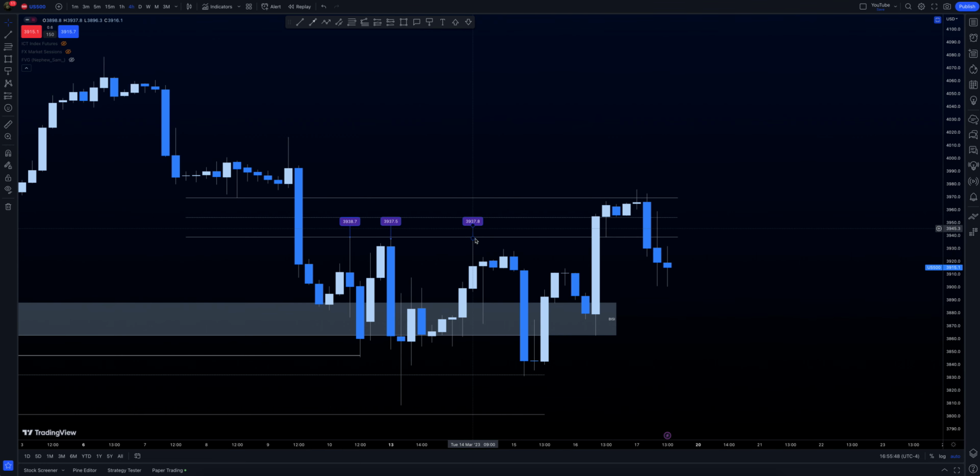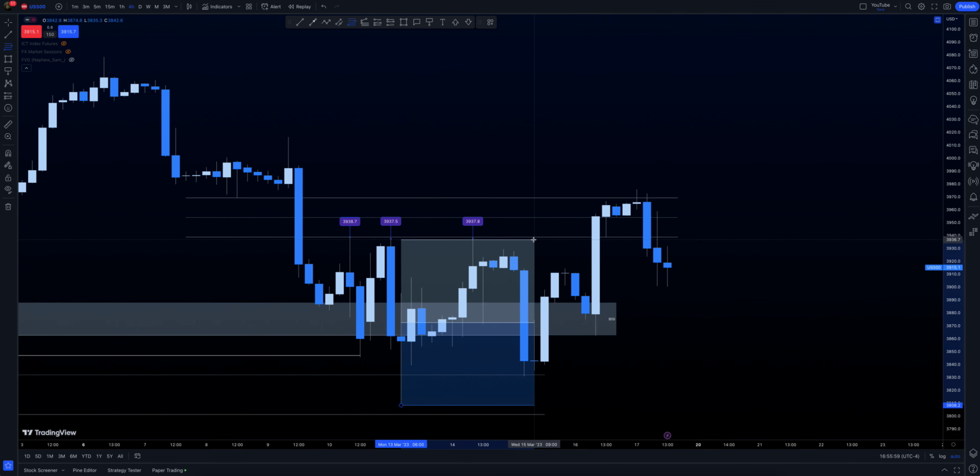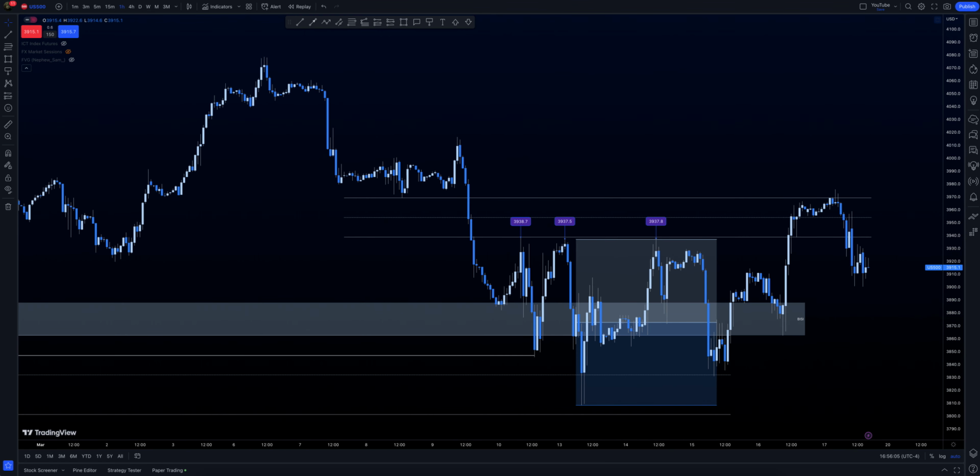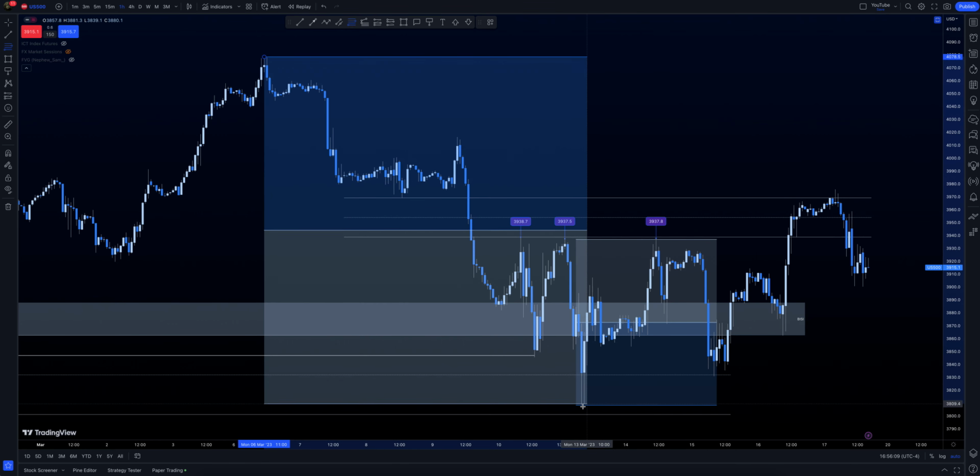So when we were trading back down here on Wednesday, I still had the confidence that price wanted to move up. So this was actually my hourly dealing range. So the significance of this now is we are at a deep discount on the daily time frame dealing range here.